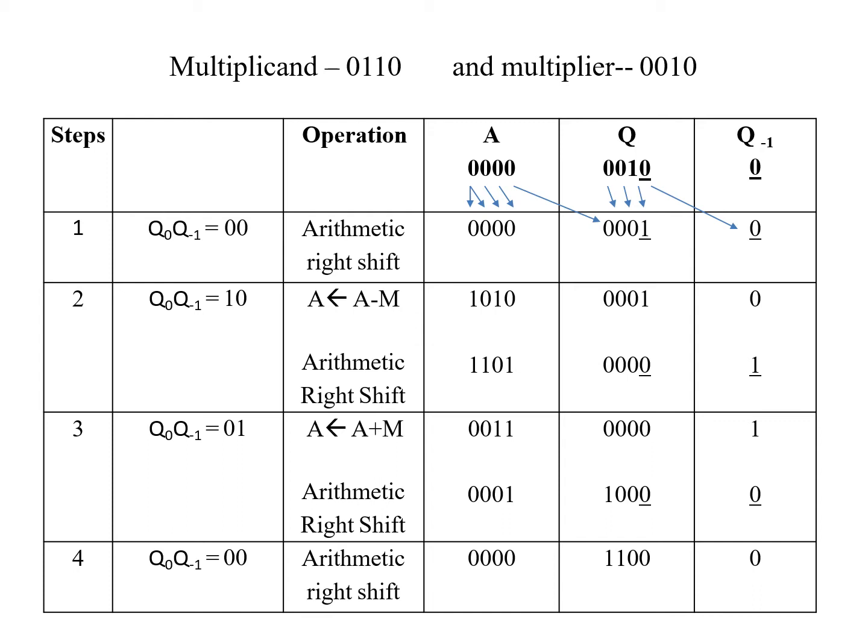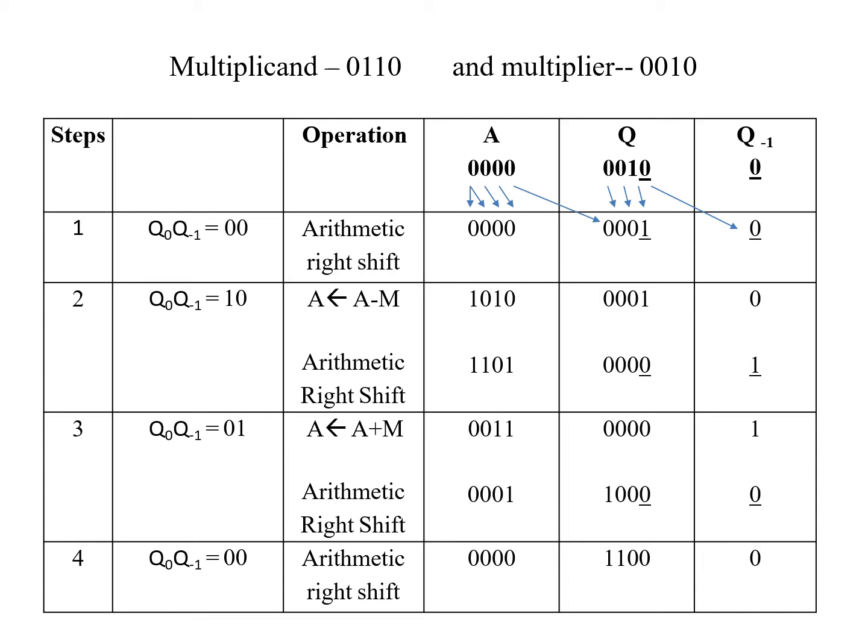On shifting, the MSB position of A becomes empty, so it is filled using the previous MSB, which is 0. With arithmetic right shifting, the sign gets preserved. That's why the MSB is occupied by the previous MSB only.